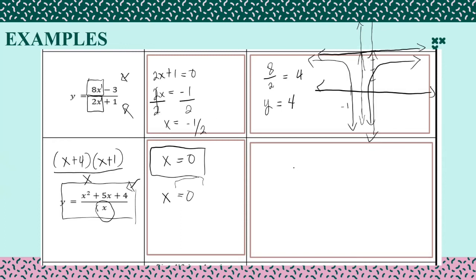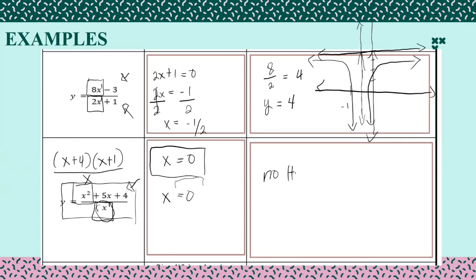Next is the horizontal asymptotes. Now let's see the degrees of the highest degrees of the numerator and the denominator. The highest degree of the numerator is x squared, which is 2, and the highest degree of the denominator is x, which is 1. Since the degree of the numerator is greater than the denominator, we don't have horizontal asymptotes.